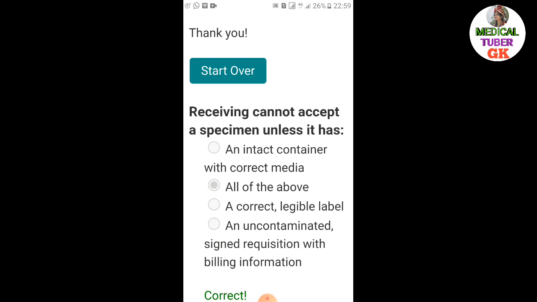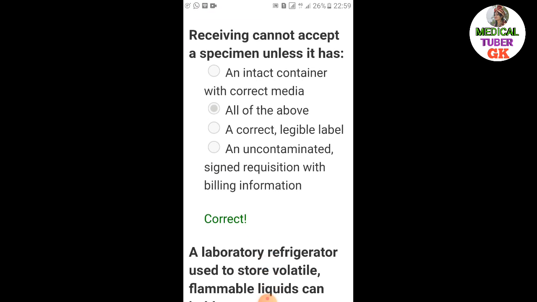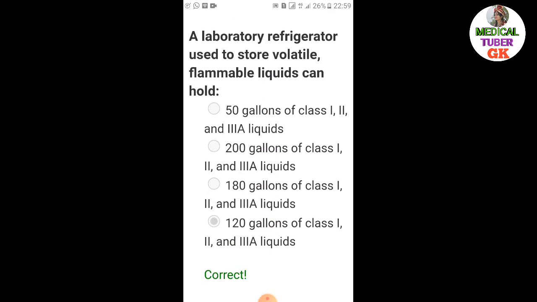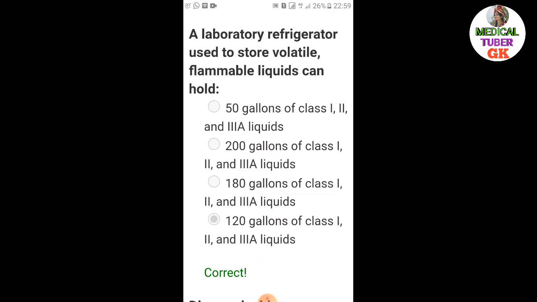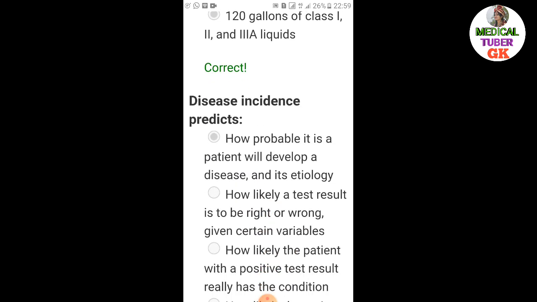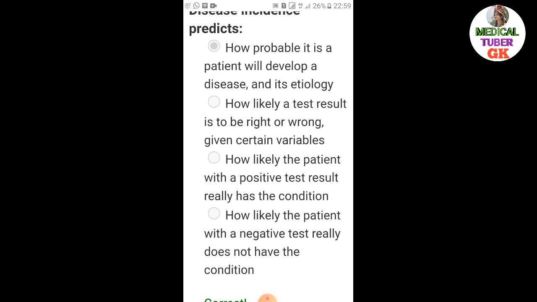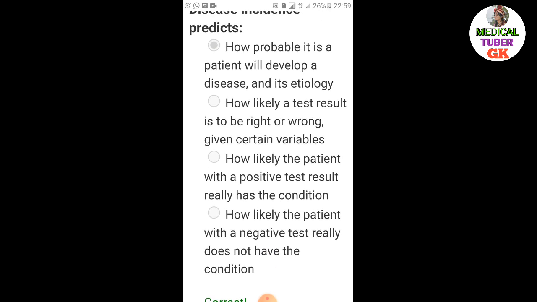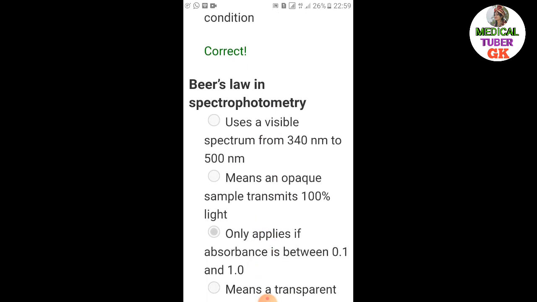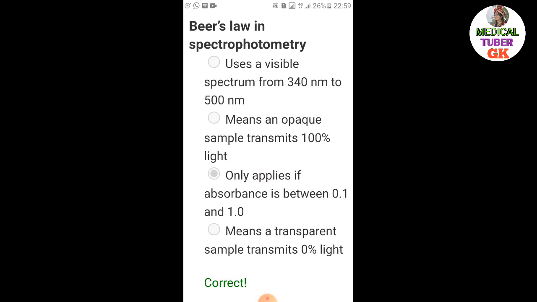Friends, all questions are over, and check whether the questions are correct or not. And friends, review the questions. Question number one is correct, question number two is correct, question number 4 is correct, three is correct, four is correct.